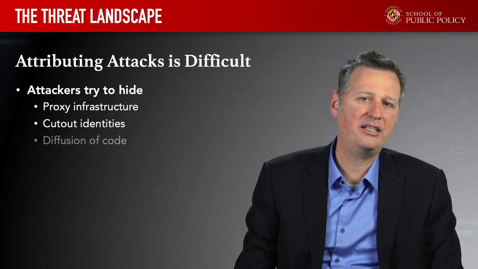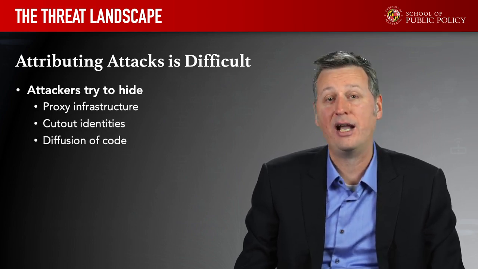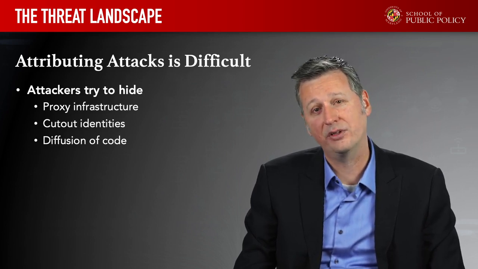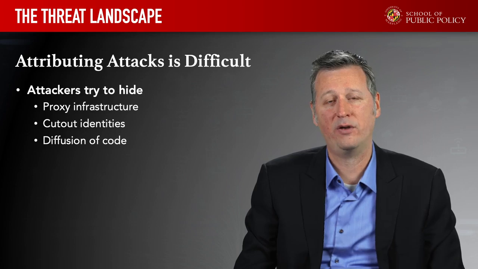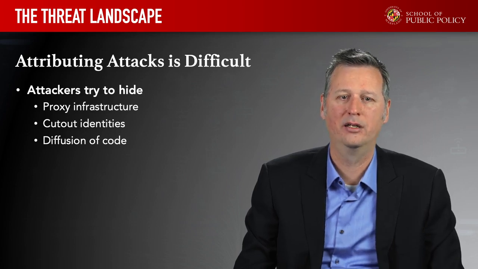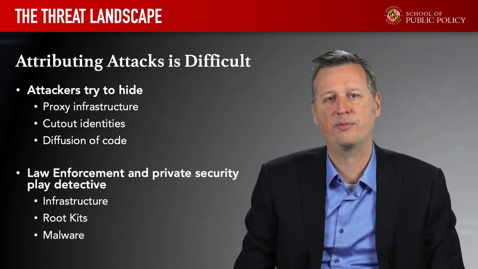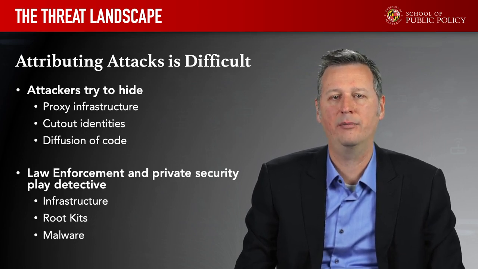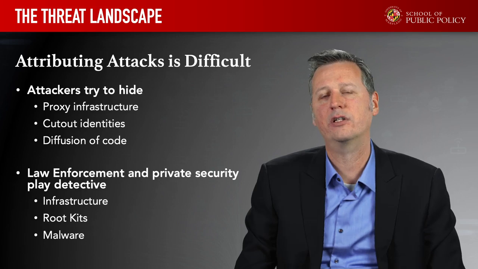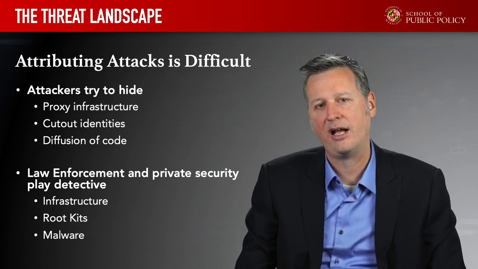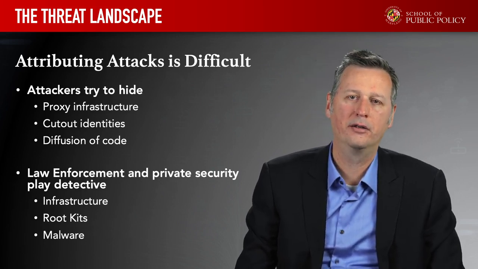They use cutout identities, or the ability to use fake IDs, fake individual names, addresses, phone numbers. It makes it more complicated. And so law enforcement has a really difficult time trying to understand not only the tools that are being used to conduct the hack, but also from where to hide.